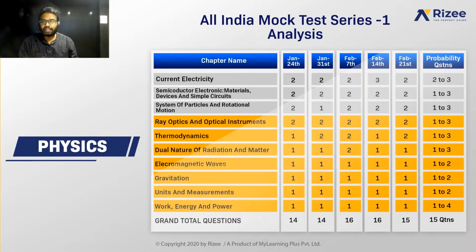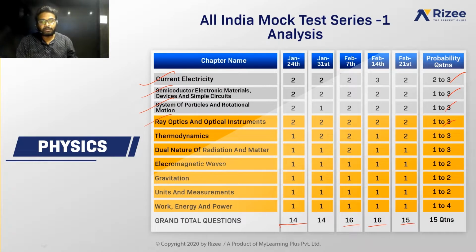Rise has identified the top 10 chapters which are contributing more than 50% in the final JEE exam every year. In these 10 chapters, the probability of questions has been analyzed based on the previous year papers and how frequently they are coming.